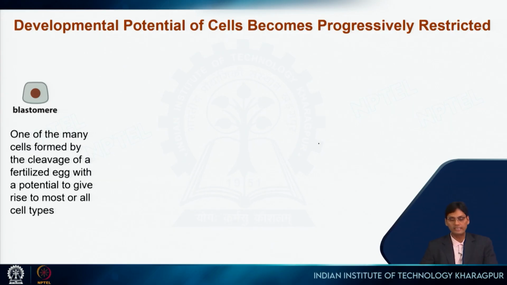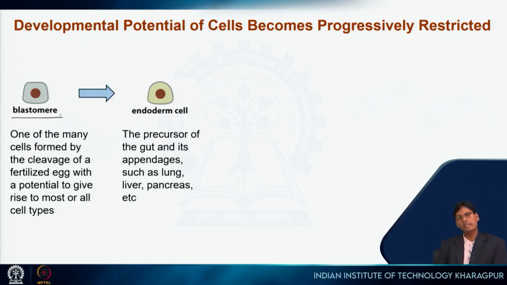So this is the point here, that the developmental potential of cells becomes progressively restricted over time during development. So here blastomere, as you can see, is one of the many cells formed by the cleavage of a fertilized egg with a potential to give rise to most or all cell types, as I already mentioned.